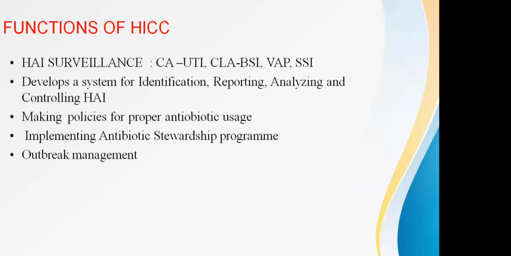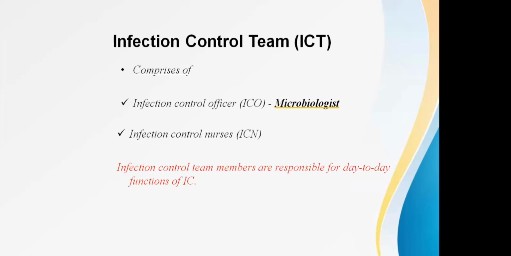One word before I start with the proper surveillance and the indicators. Here I'll mention the infection control manual. As I said at the start, we need to formulate our policies and procedures, and they have to be documented, because whether it's NABL or NABH, everything is about documentation.